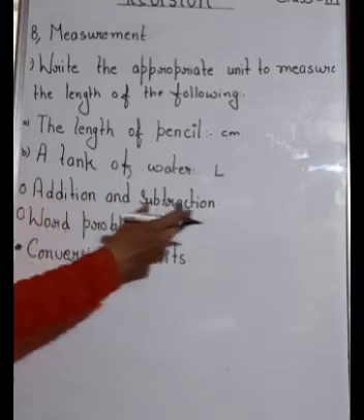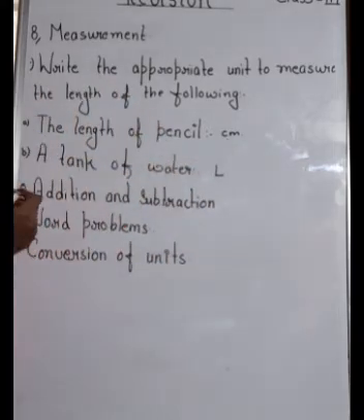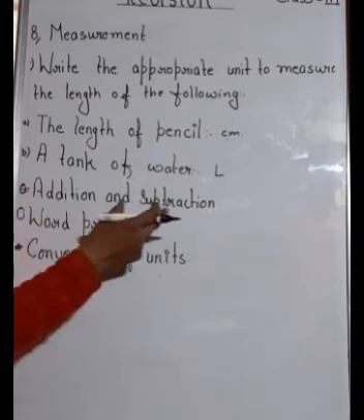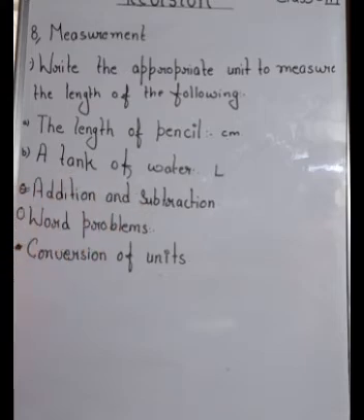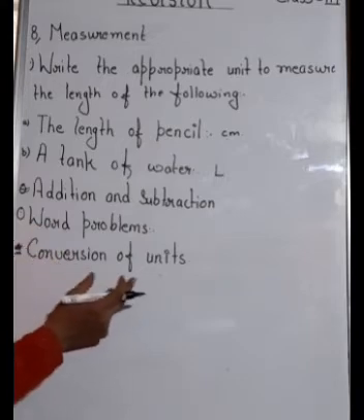Next is your addition and subtraction of different kinds of units. Okay, and this is very important, how to add and subtract them. I told you that first you have to arrange them in different columns and then you have to add or subtract them. Okay, next is your word problems. So for the word problems in this chapter, you have to prepare for them. And now the last one is your conversion of units.